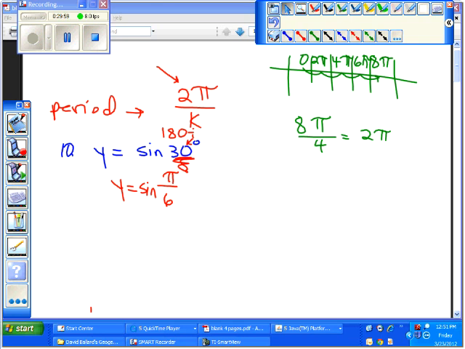To find the radian equivalent, we take 180 divided by the angle measure, and that gives us the denominator. So what does that mean to us? It means it's really y equals sine of 1 pi over 6. In other words, k is equal to 1/6.